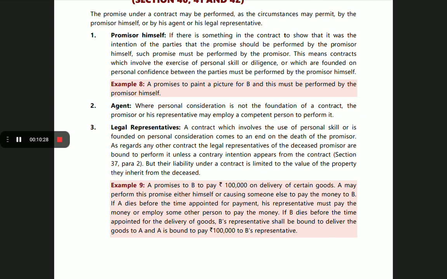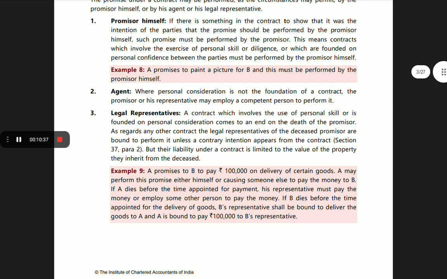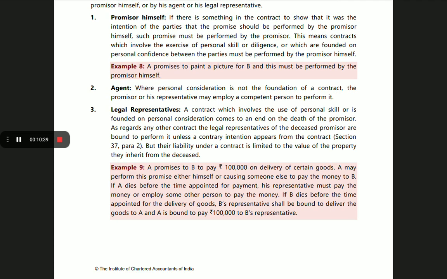A may perform this promise either himself or by causing someone else to pay the money to B. If A dies before the time appointed for payment, his representative must pay the money or employ some other person to pay the money.